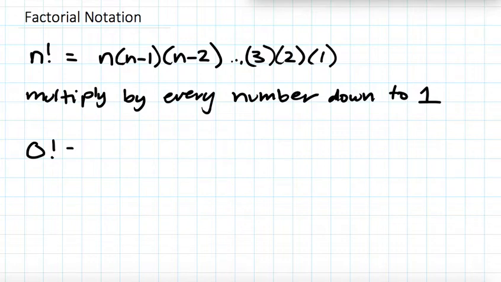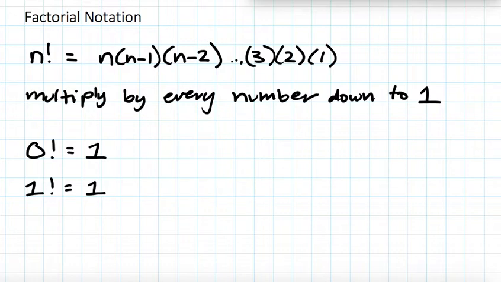If we have 0 factorial, we say that that's equal to 1. That's kind of just a math thing. It doesn't really make too much sense, but it's needed to have calculations come out nicely. And then 1 factorial, well, there's no numbers between 1 and 1, so we say that is also 1. So both of these are 1.